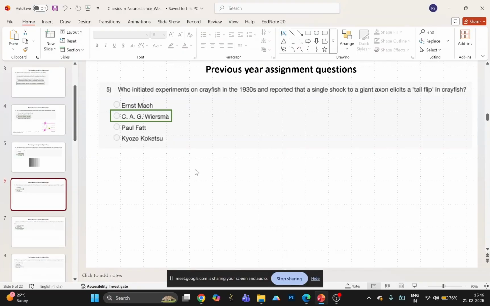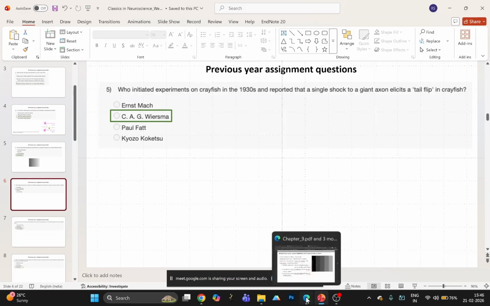Next question. Who initiated experiments on crayfish in the 1930s and reported that a single shock to a giant axon elicits a tail flip in crayfish? So, again, let me go back to the text.